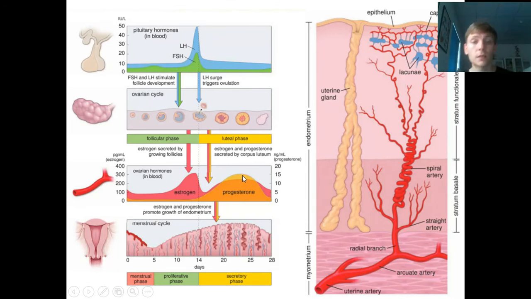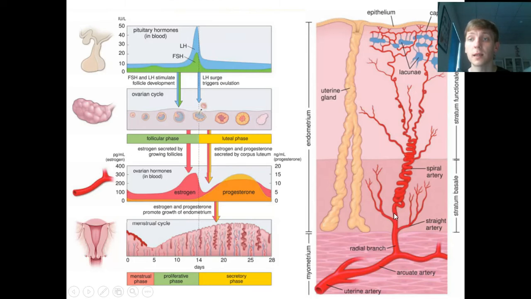And then gradually, when atrophy of corpus luteum happens and corpus albicans is present, the level of estrogen and progesterone drops down. How does it reflect here? The drop of progesterone and estrogen level leads to stopping of spiral artery growth and atrophy of the spiral arteries. They become collapsed. They become thrombotically changed, and these spiral arteries are blocked.